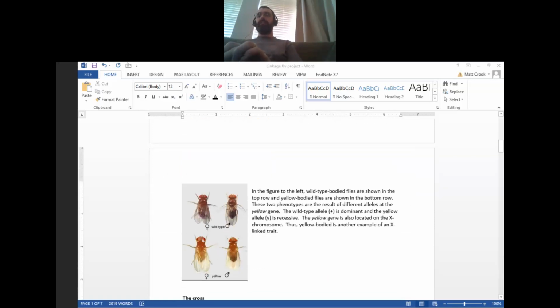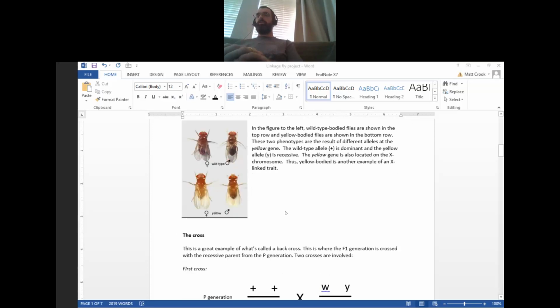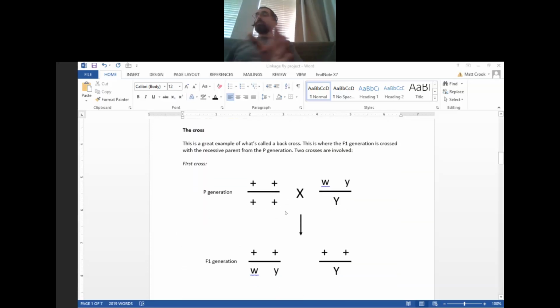And the yellow gene gives you yellow-bodied flies when it's mutated. This is exactly the same as the linkage crosses that we were working through today in the lecture.